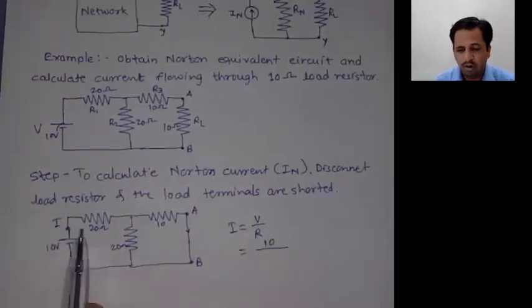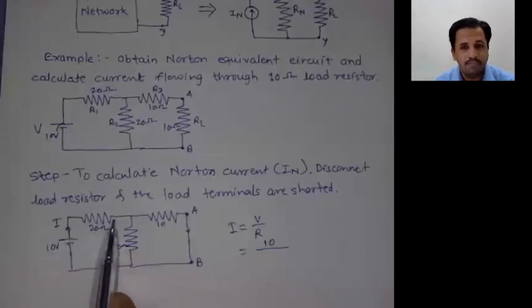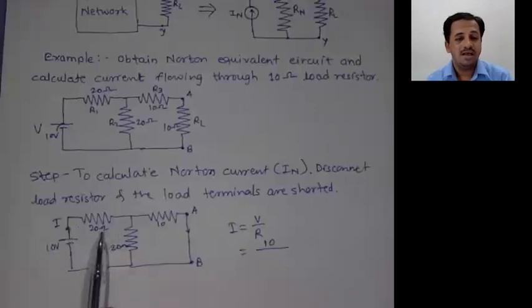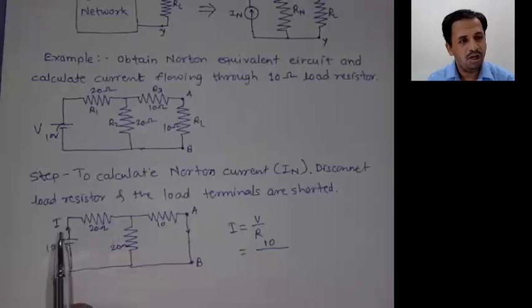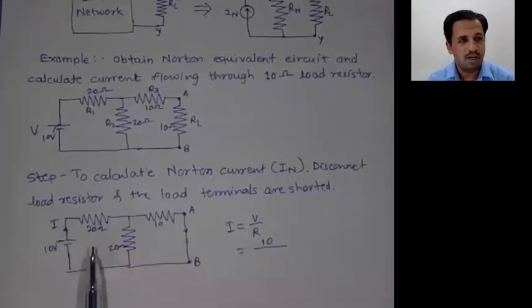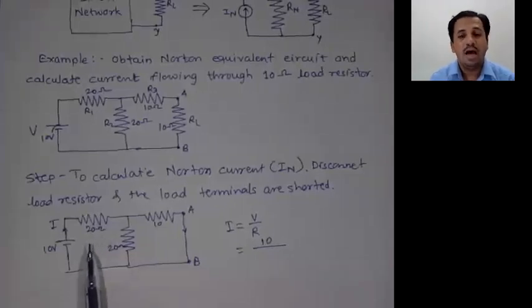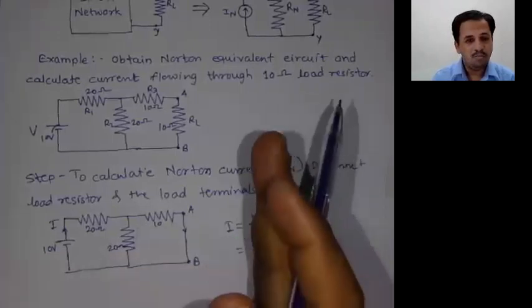Now the resistance value, this is that R1 resistor. Here we have to avoid one mistake: whenever we calculate the current, we must calculate the equivalent resistance value from the source terminal. But whenever we calculate the equivalent resistance value, that is RTH or RN in this case, we have to obtain it from the output side.